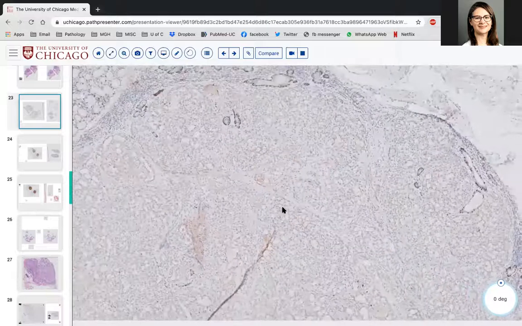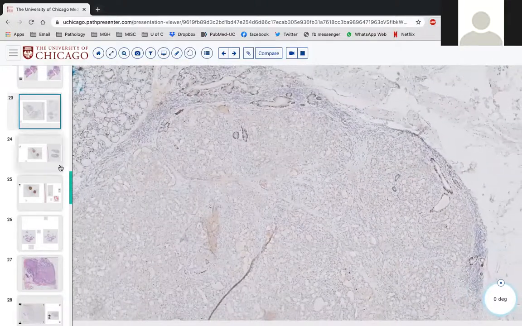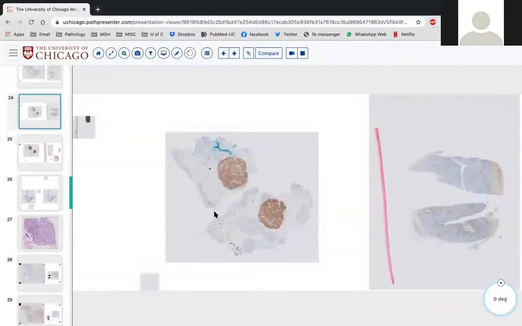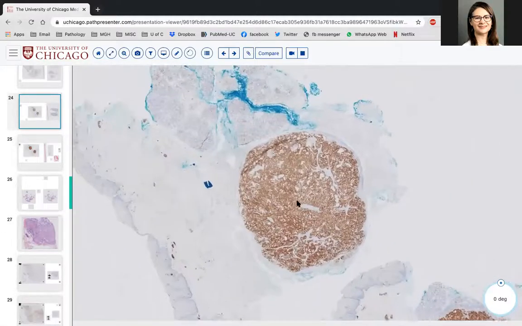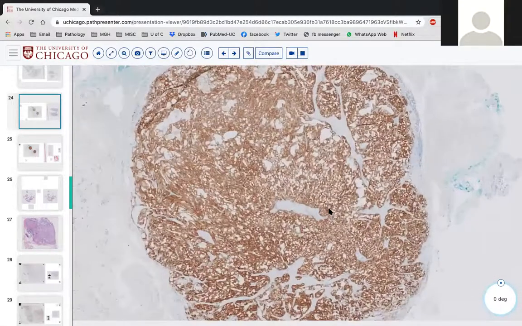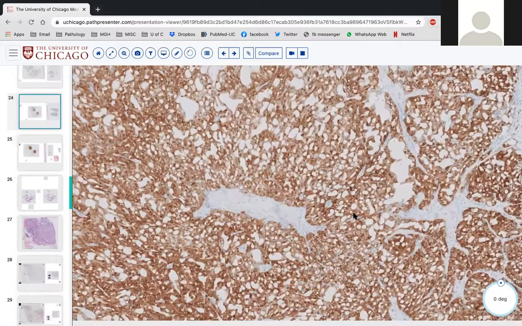Maybe we can do an S100 then, just because polymorphous is in the differential and we have the negative P40. So this is our S100. I think that's diffusely positive. So you still have polymorphous and what else on your differential? The cribriform variant, so polymorphous cribriform, and secretory, correct.